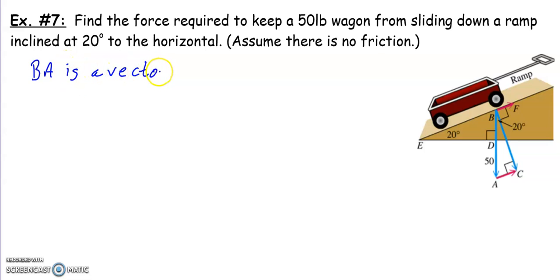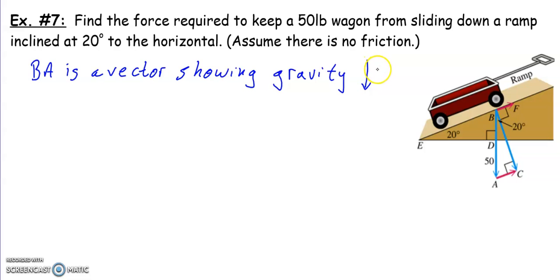So BA is a vector showing gravity, because gravity always pulls everything. This is why things roll downhill. Gravity is a vertical vector going straight down.